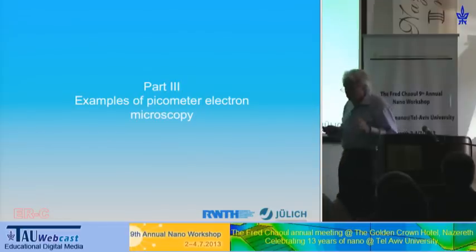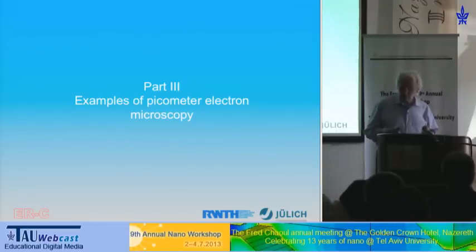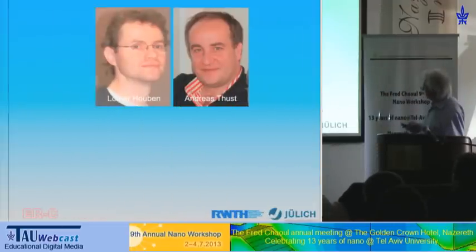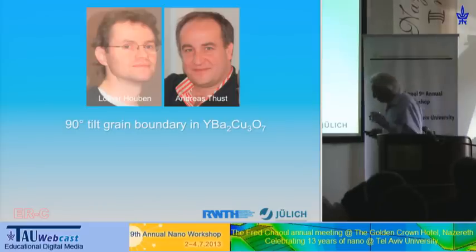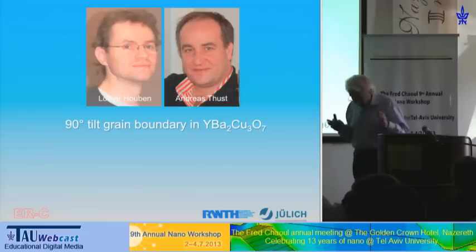And the first one is a classical example which I always put into these lectures, and this is the 90-degree tilt grain boundary in yttrium barium copper oxide.